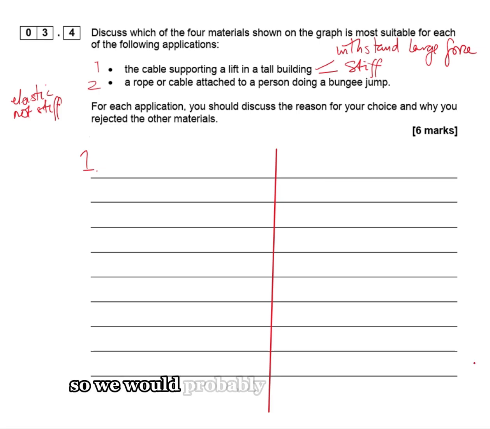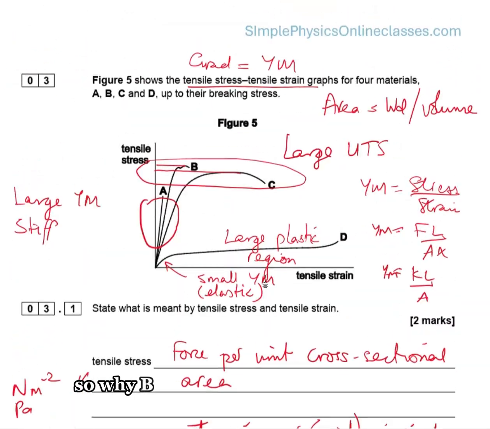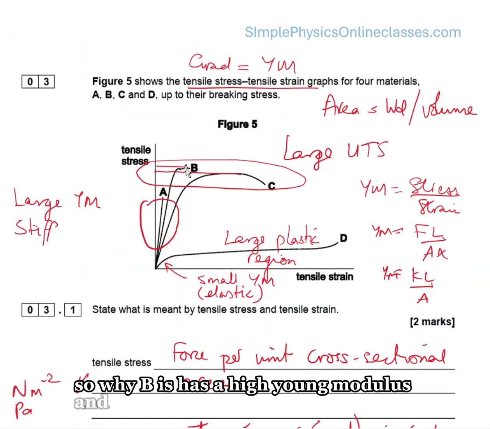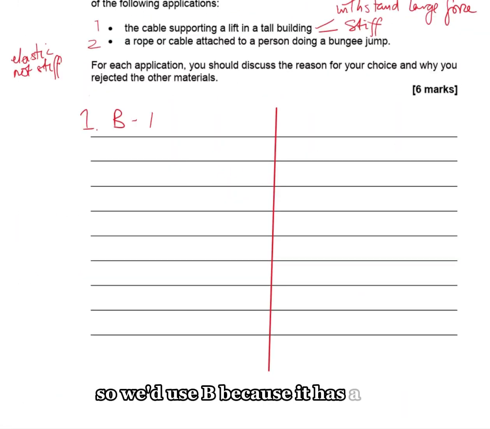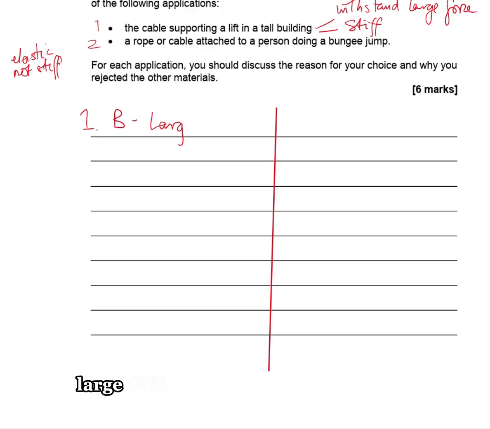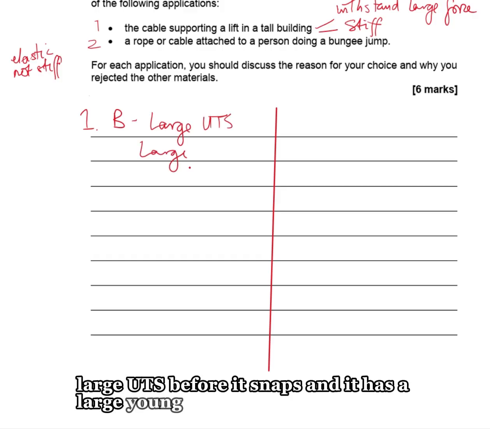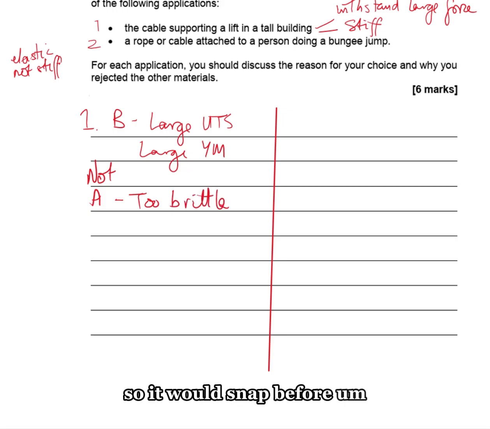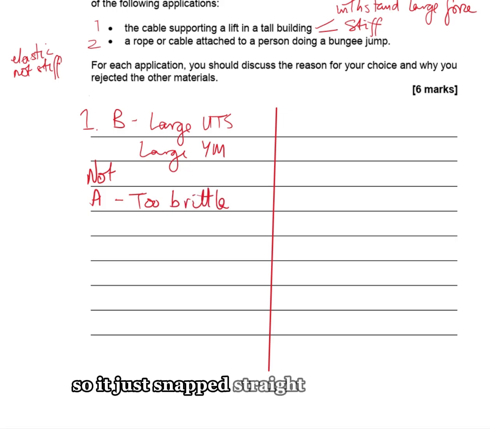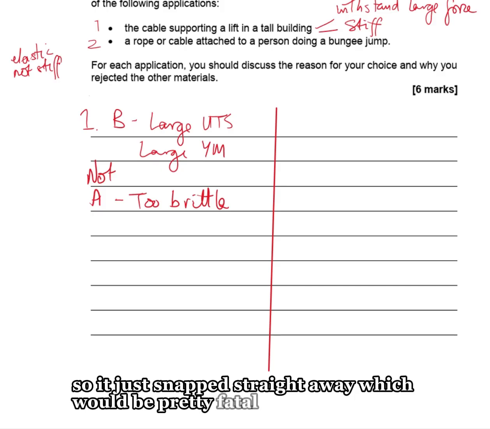We would probably use B from what I can see. Why? It has a high Young Modulus and it has the largest UTS. So we'd use B because it has a large UTS before it snaps and a large Young Modulus. You would not use A because A is too brittle, so it would snap before you had even a little bit of give, which would be pretty fatal.